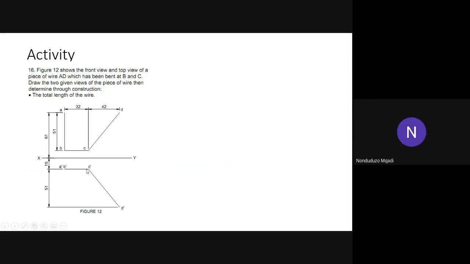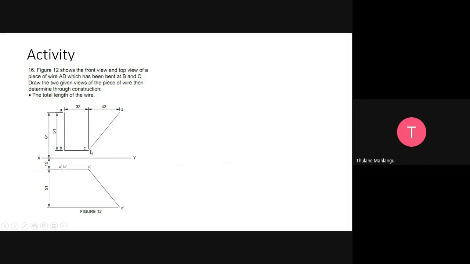Can I please ask, if both lines are parallel to the XY, that means those lines are the true length? Yes, it means that line is the true length. So 32 is the true length of BC. So you can add 51 plus 32 because you have AB and BC.